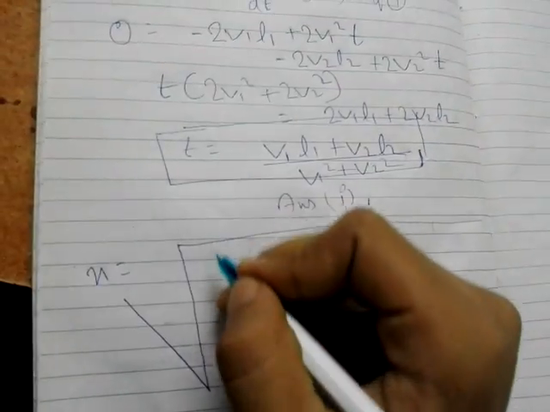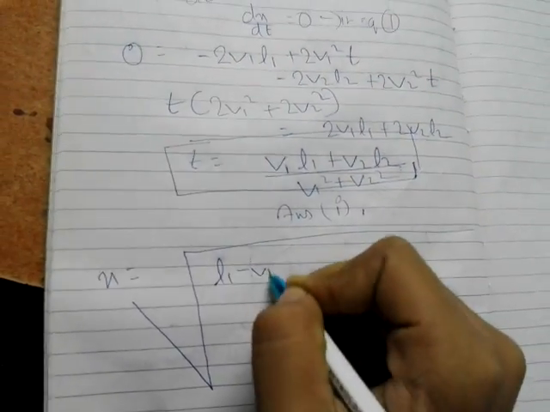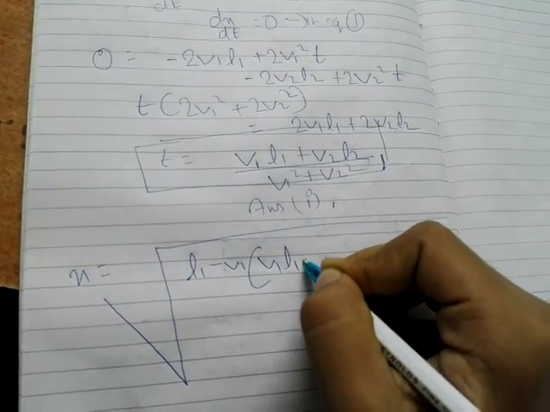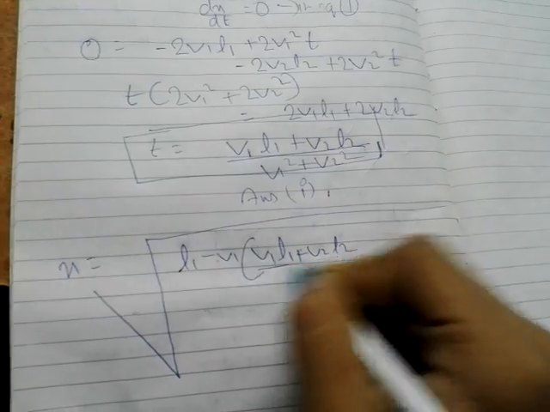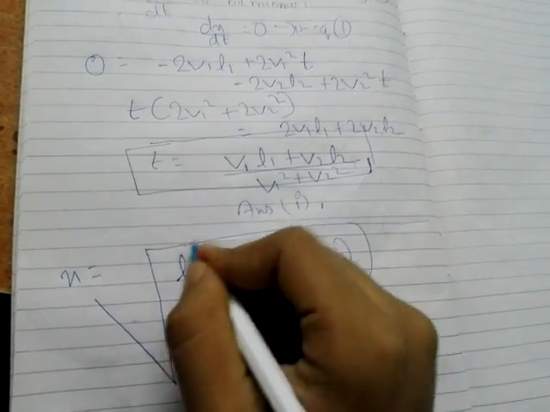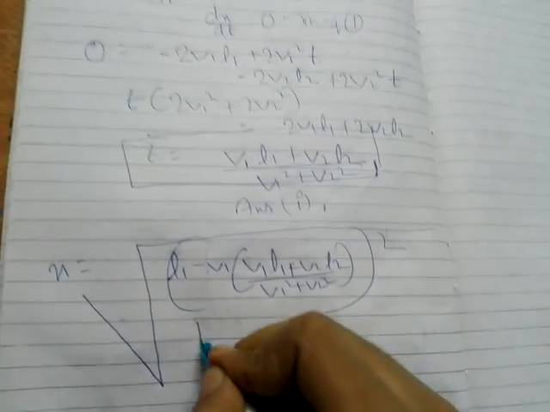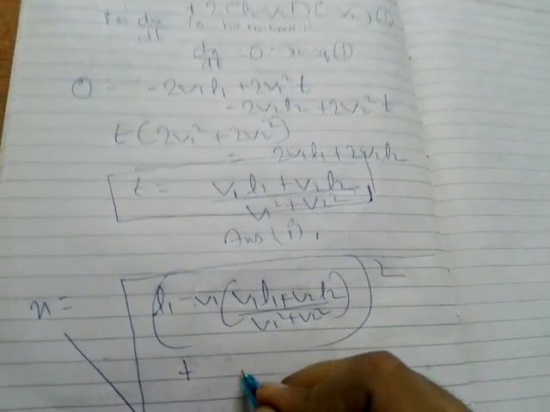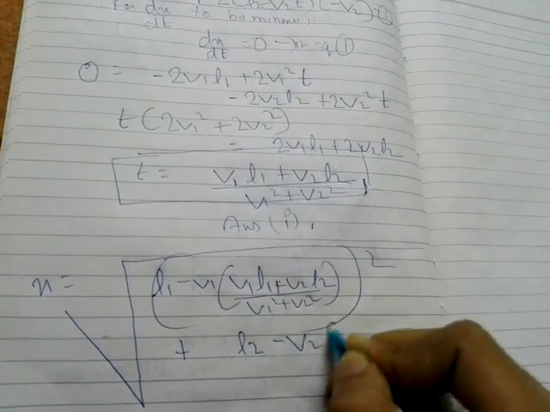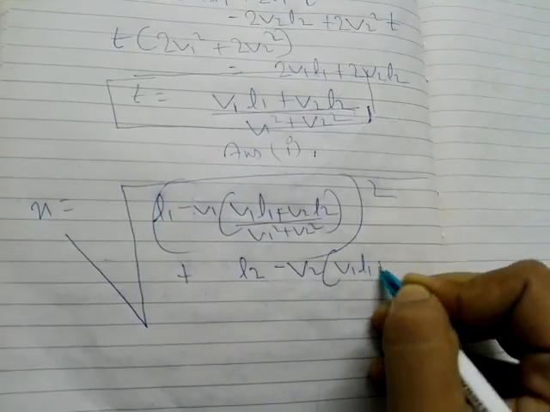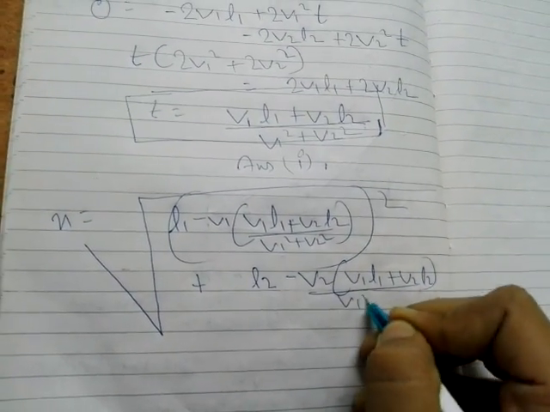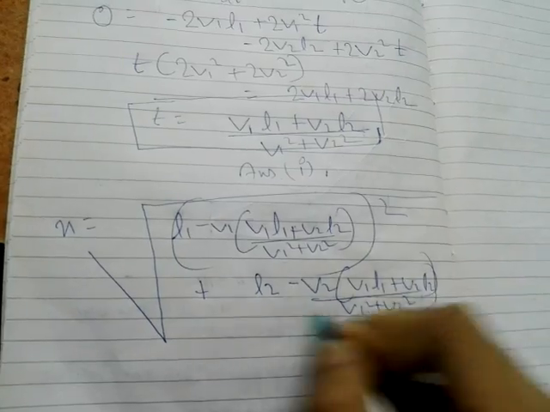The first term is L1 minus v1 times (v1 L1 plus v2 L2) upon (v1 square plus v2 square), whole square, and similarly for the next term we will get L2 minus v2 times (v1 L1 plus v2 L2) upon (v1 square plus v2 square), whole square.